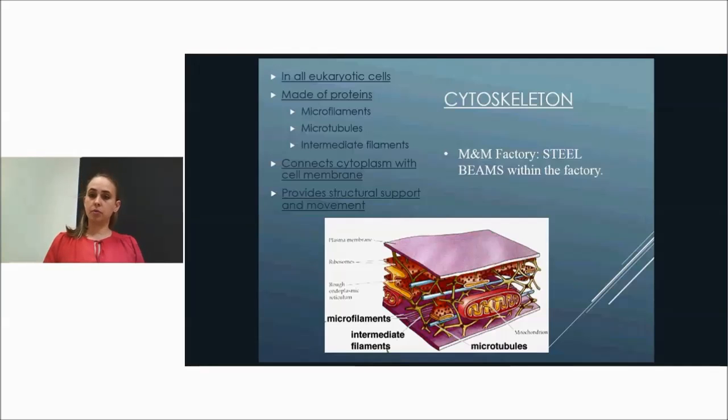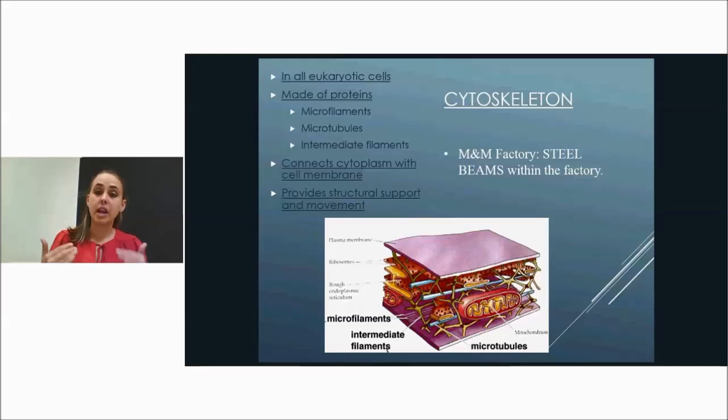Little motor proteins will be able to use the cytoskeleton as a highway and transport nutrients throughout the cell, or proteins throughout the cell, to where they need to go, using it to kind of walk on. So the little motor proteins will just carry things and walk along the cytoskeleton.